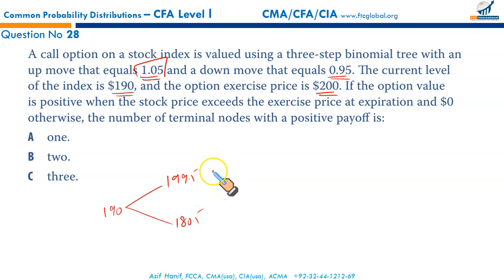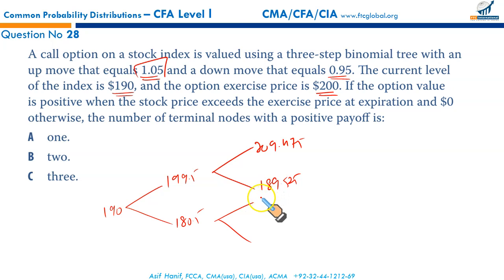Now the second step, again 199.5 up move 1.05 gives you 209.475, and a down move 199.5 times 0.95 gives you 189.525. Here 180.5 up move now will give you 189.525, don't need to do it.